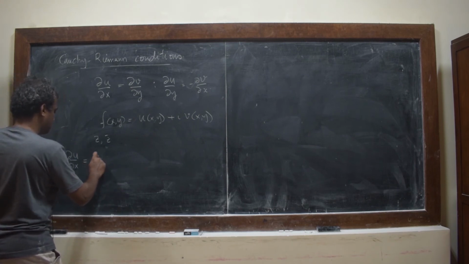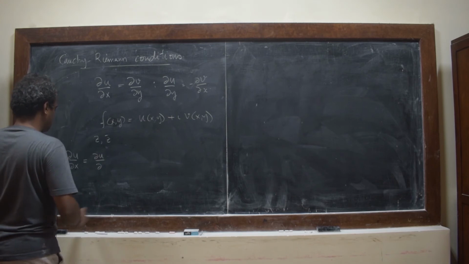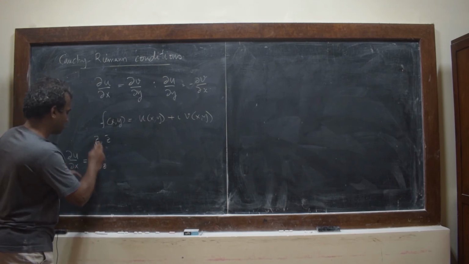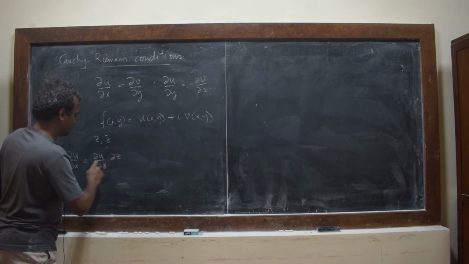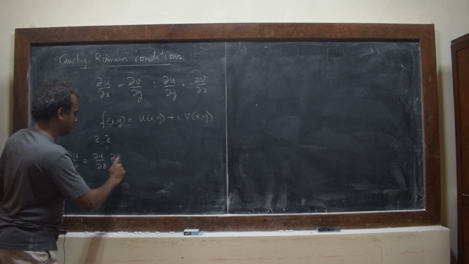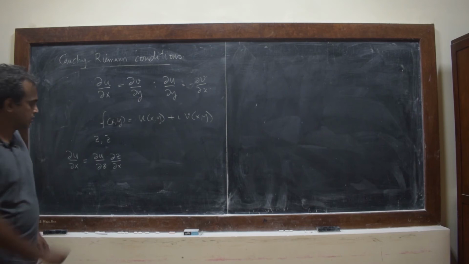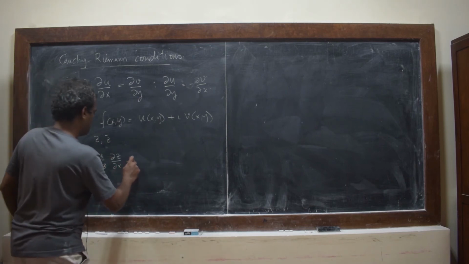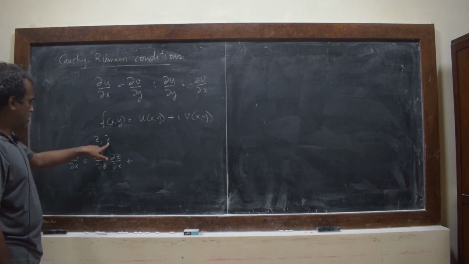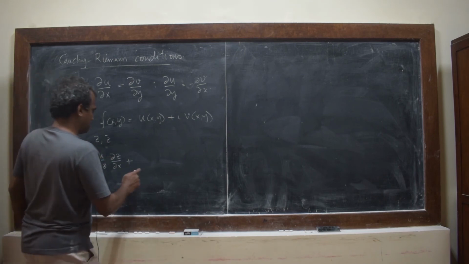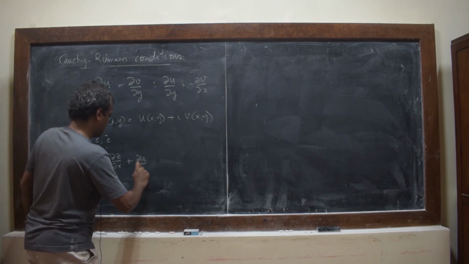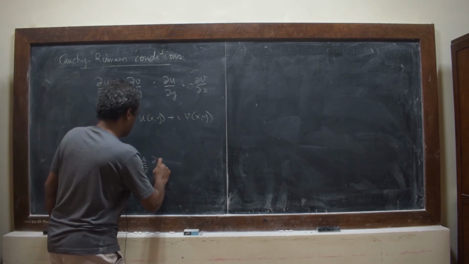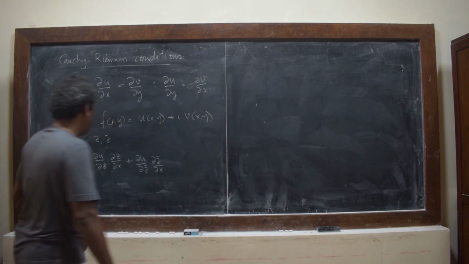The change that comes through z will have the form del u by del z into del z by del x, and the change that comes through the change in z bar is taken care of similarly by a term del u by del z bar into del z bar by del x.